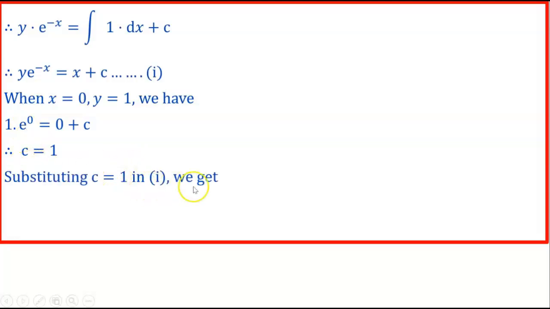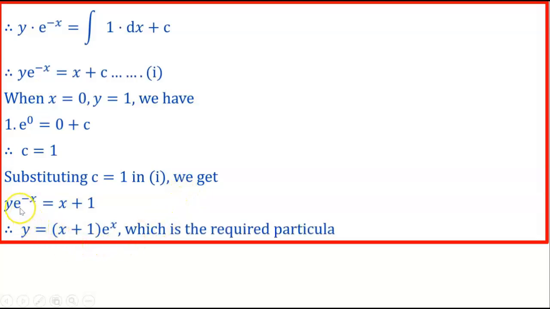Substituting c is equal to 1 in equation 1, you will have y into e raised to minus x is equal to x plus 1. Okay. And again, if you divide on both sides by e raised to minus x, then you will have y is equal to (x plus 1) into e raised to x, which is the particular solution.